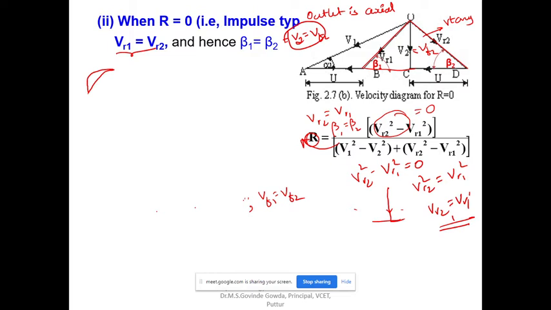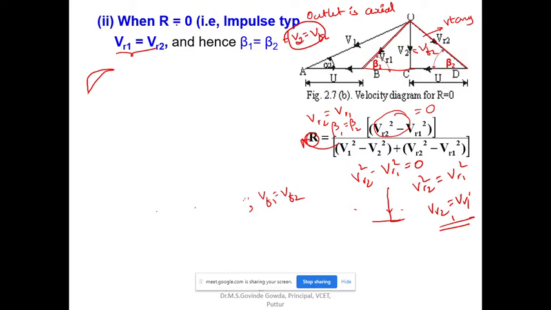So when R is 0, that is, the degree of reaction is 0, that means there is no reaction. If there is no reaction force, the only force acting is impulse. So only that type of turbine is an impulse turbine. In the impulse turbine, this is the case where VR1 equal to VR2 and beta 1 equal to beta 2. That is the condition. Have you written the condition? Yes, sir.